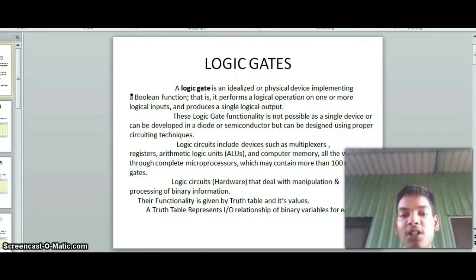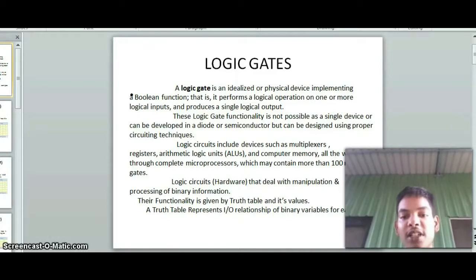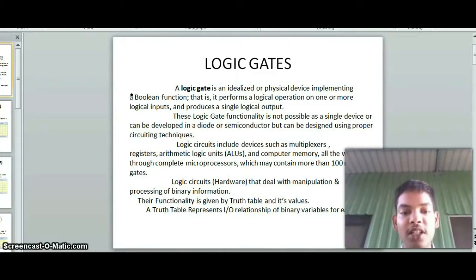We also end up using microprocessors that have thousands and millions of gates. Logic circuits help us deal with the manipulation and processing of binary information.